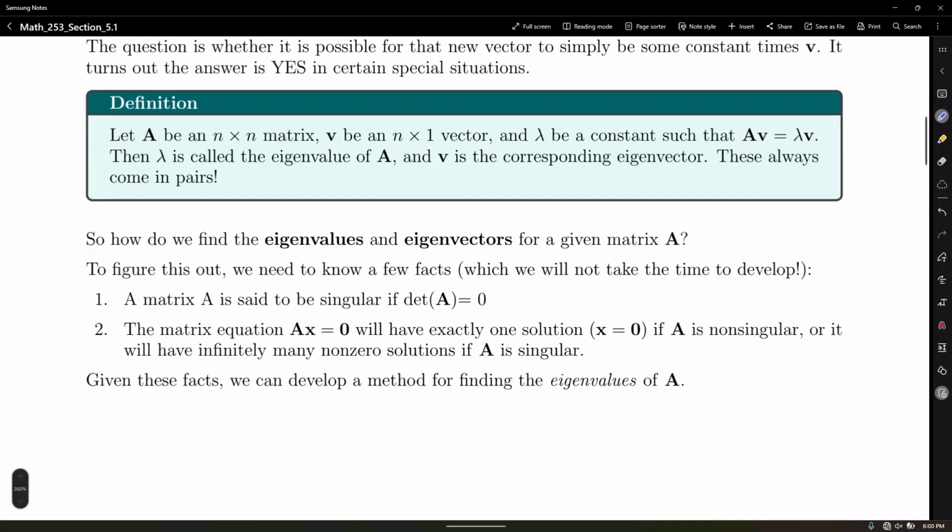Let A be an n by n matrix, V be an n by 1 vector, and lambda be a constant such that AV equals lambda V. Then lambda is called the eigenvalue of A, and V is the corresponding eigenvector. These two always come in pairs, right?